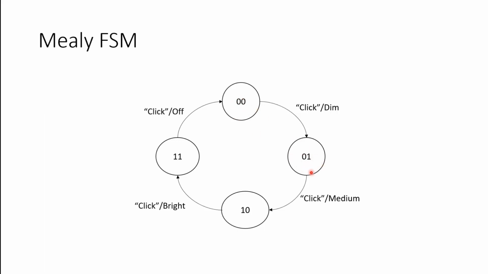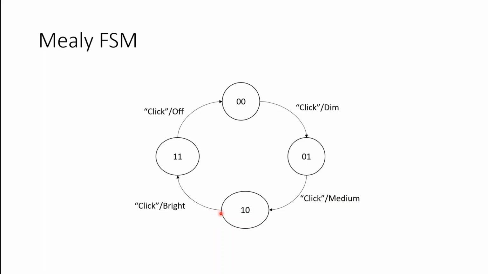Instead, I just have the names of these states, and the outputs are denoted on the arc. Remember, the output is just the intensity of the light. Again, when I'm in state 0,1, we are assuming that to get to this state, the output was this dim light. Then, when my input is me pulling that string on the lamp again, or touching the lamp, the output of the bulb is now some medium brightness, and I transition to the next state.